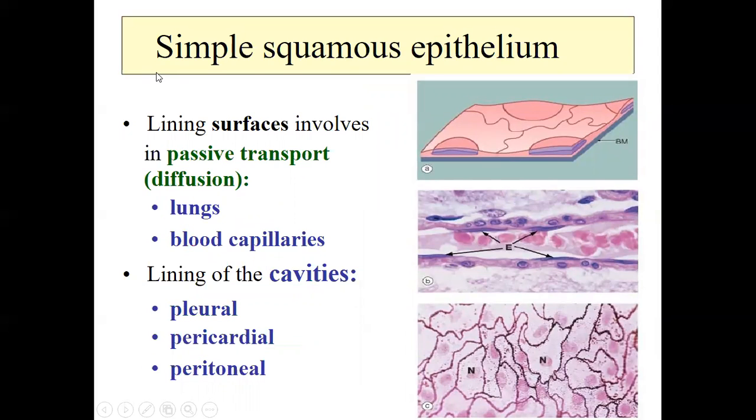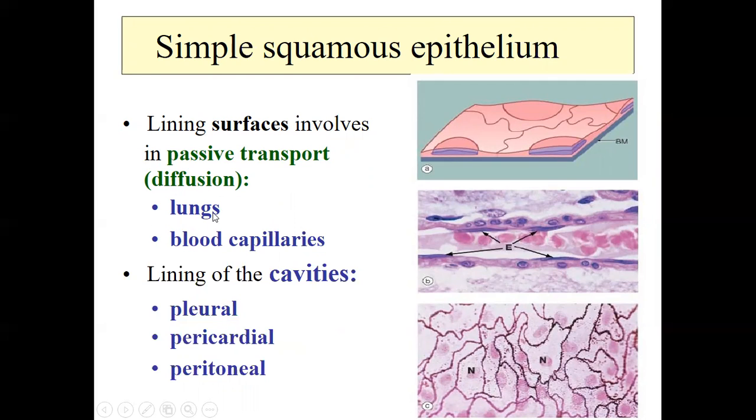Now we're going to discuss each type of the epithelium that I have mentioned just now. We start by discussing the simple squamous epithelium. The simple squamous epithelium lines the surfaces that are involved in passive transport, diffusion.